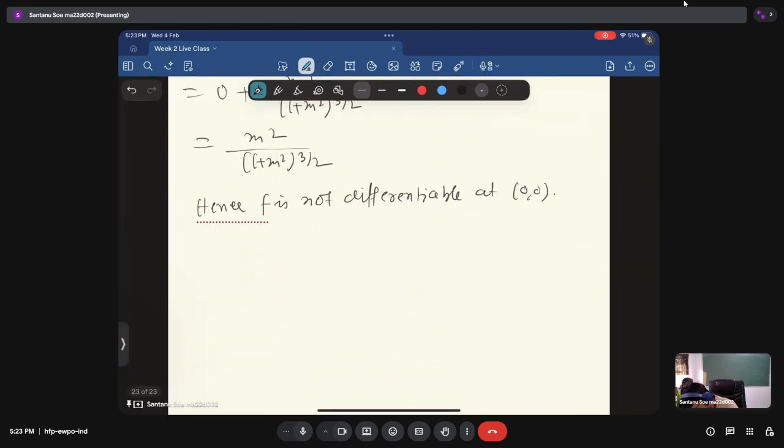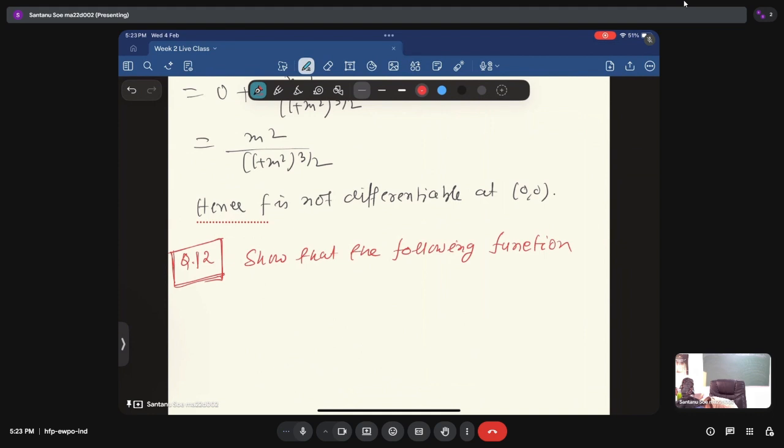So now we're going to go on to the next question, which is question number 12. Show that the following function is not differentiable at (0, 0).